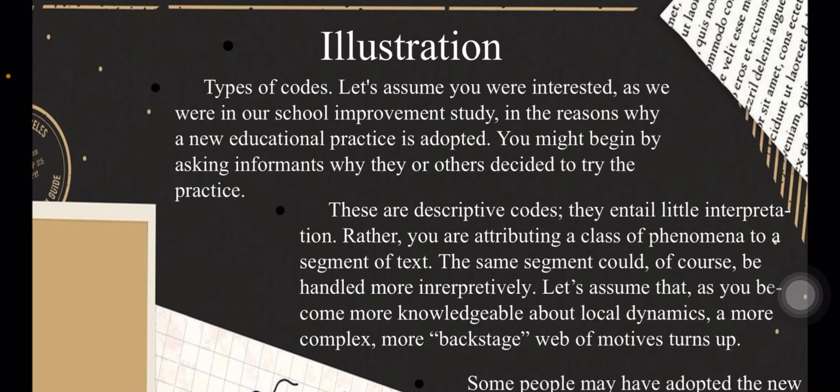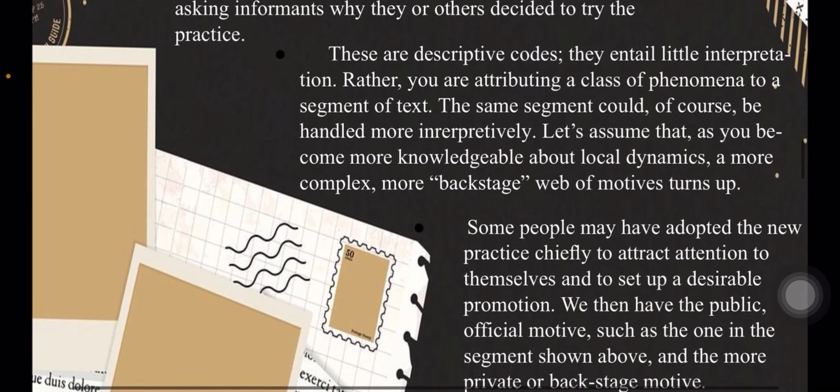You might begin by asking informants why they or others decided to try the practice. These are descriptive codes. They entail little interpretation. Rather, you are attributing a class of phenomena to a segment of text.